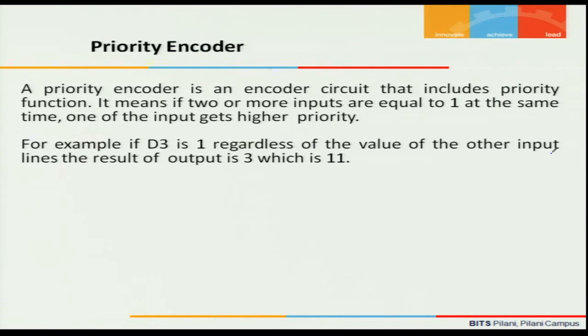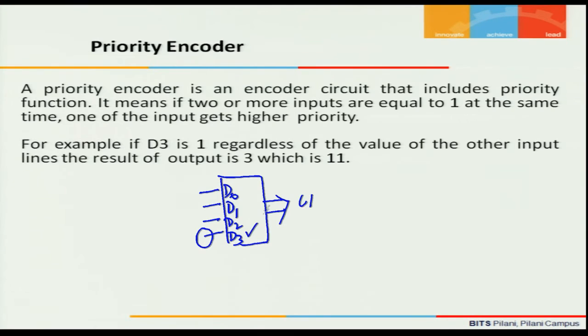As an example, if I have a 4:2 encoder and inputs are D0, D1, D2 and D3, if I say D3 is the highest priority input, irrespective of other than D3 whichever inputs are true, the outputs are always going to be 1 1 because D3 gets the highest priority. So we don't worry about multiple inputs being a 1 because the one with the highest priority is what is chosen.